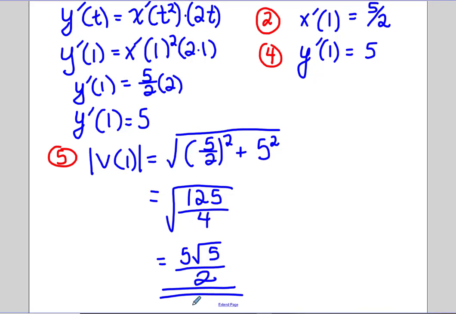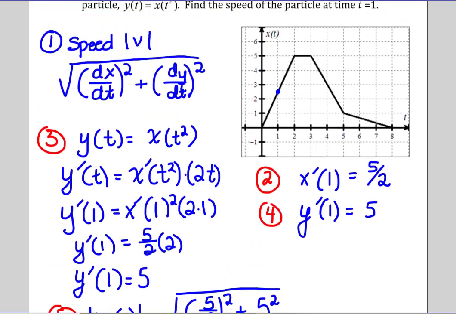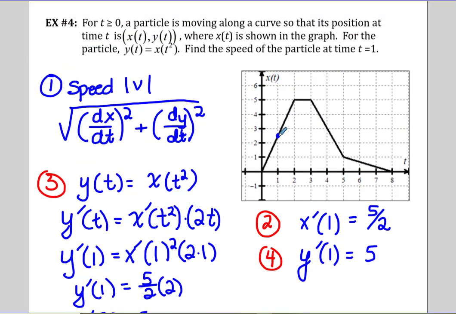So we're finding the speed of the particle at 1 using our graph for the slope here at 1, and then using the formula y of t and the chain rule for that derivative.